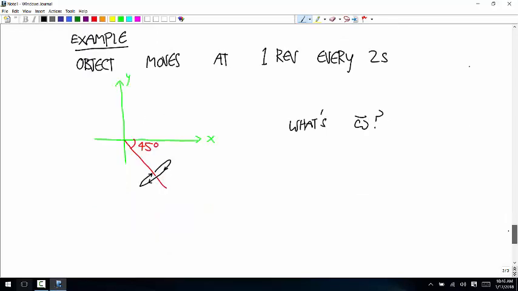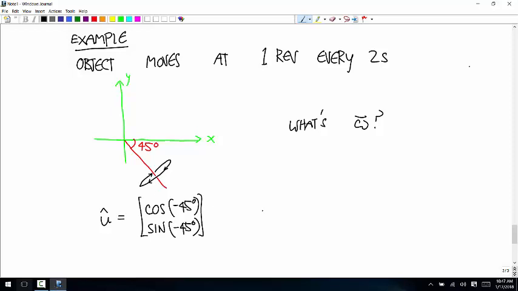Well, one revolution every 2 seconds. Yep, it's along that line away from the origin. That's right. So the unit vector is cosine of negative 45, sine of negative 45.